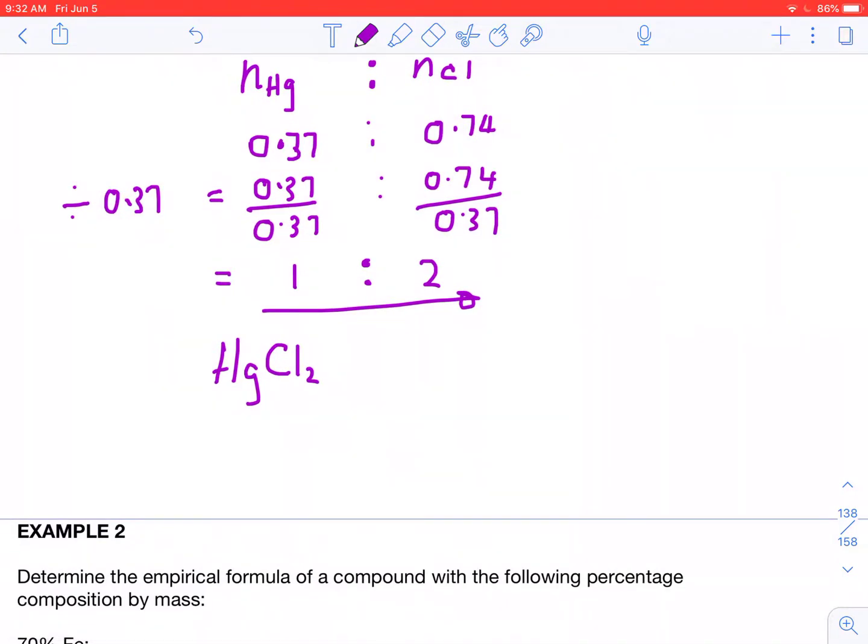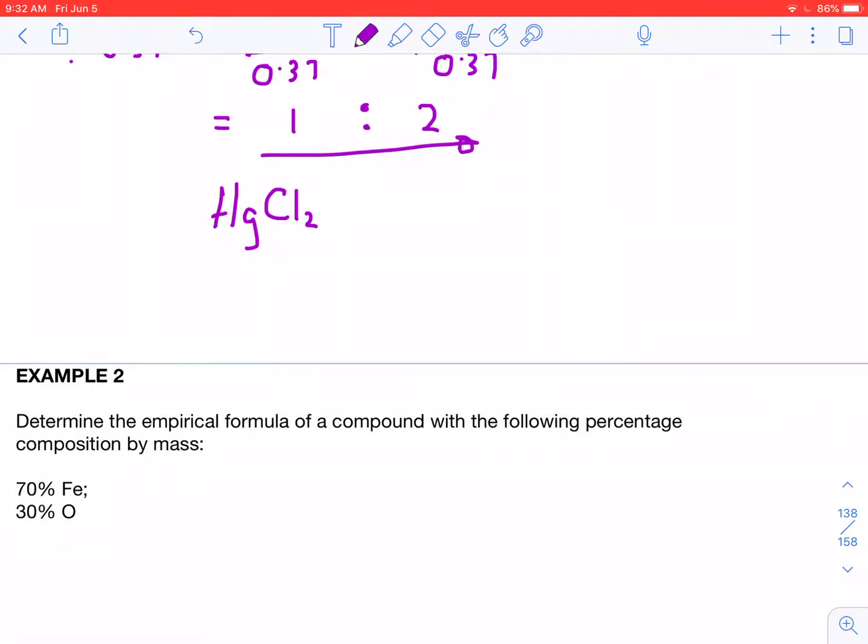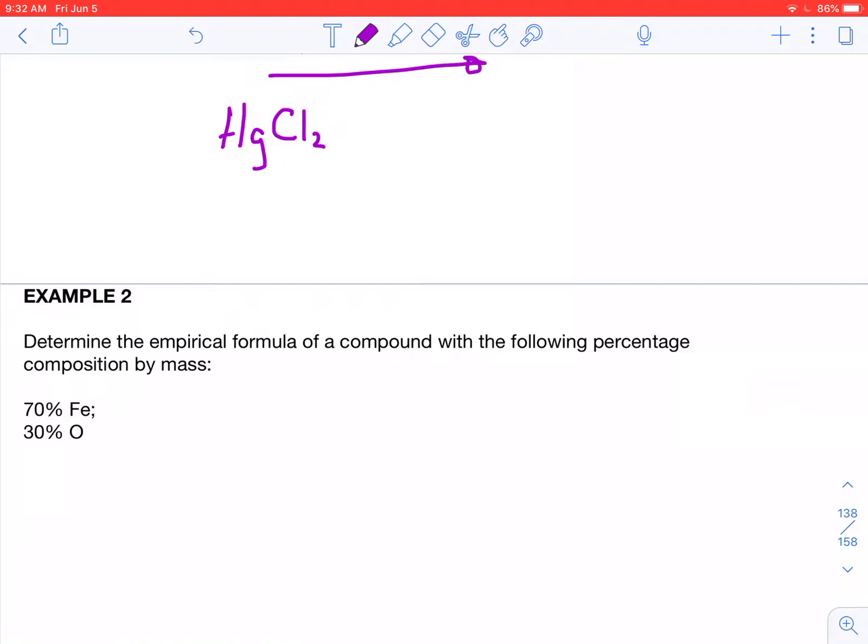Now, let's look at the next one. We did this earlier, and we know what the formula was, but let's work it out, because there we were given the formula and we had to work out the mass percentage.